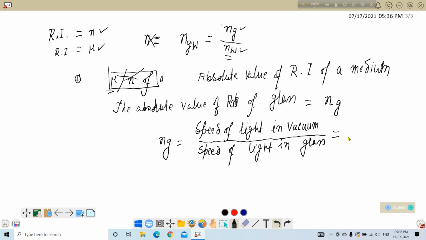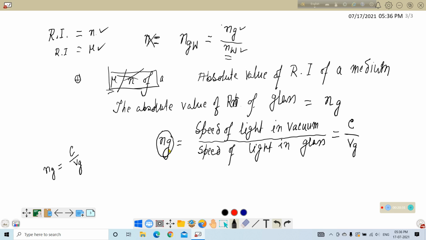And sometimes this is said like this, C by V, G suffix. C is the absolute value. So there is another formula: Ng is equal to C by Vg, where G is a suffix here.